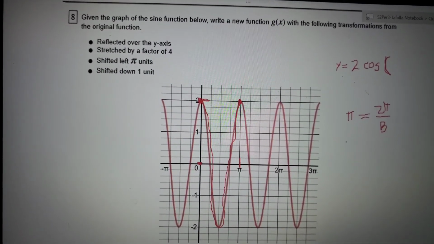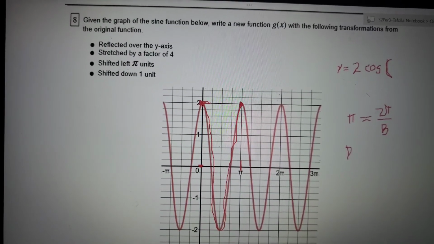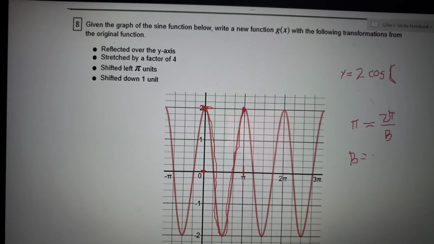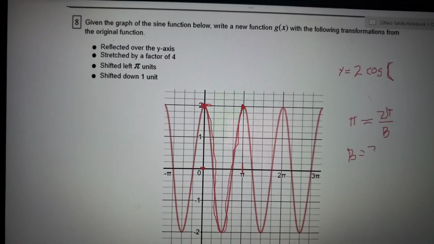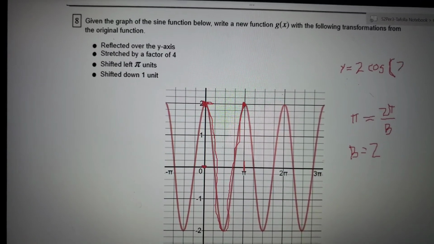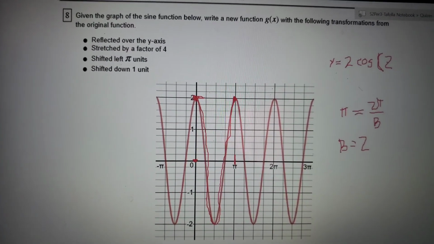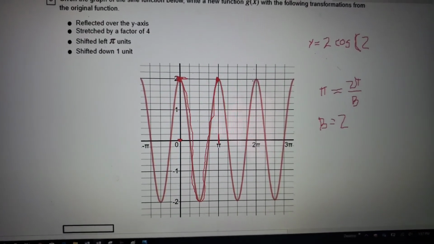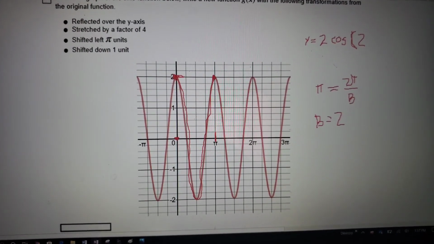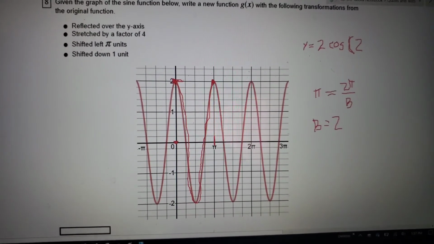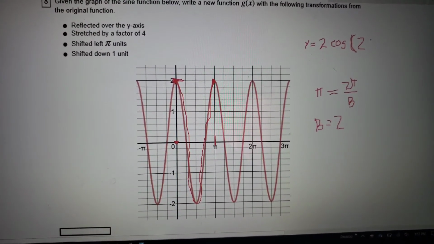So I'll have b equals 2 pi over pi, and the pi's are going to cancel out, so b is just going to be 2. Okay, b is 2. So we're not done yet. Well, we see the graph starts at the y-axis. There's no horizontal shift, so it's just going to be x.